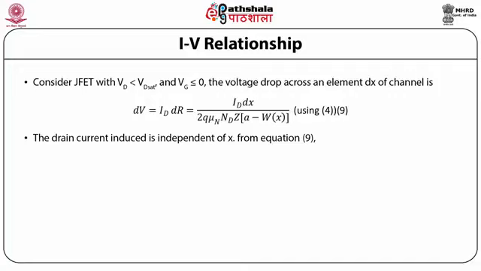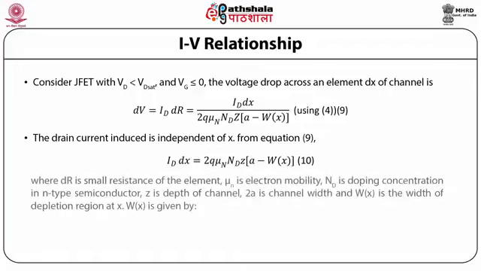So from this equation, ID dx equals 2q mu n Nd Z multiplied by (A minus W) dV, where dR is the small resistance of the element, mu n is electron mobility, Nd is doping concentration in the n-type semiconductor, Z is the depth of the channel, 2A is channel width, and W is the width of the depletion region at x.